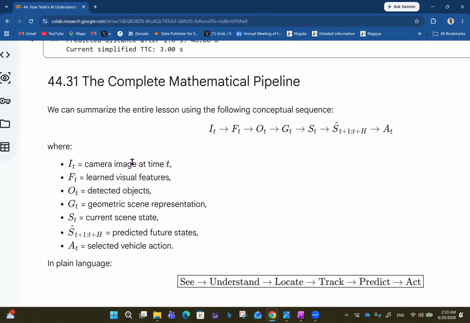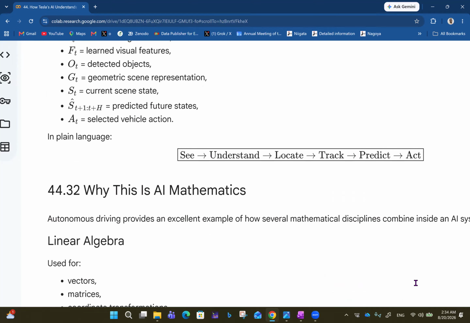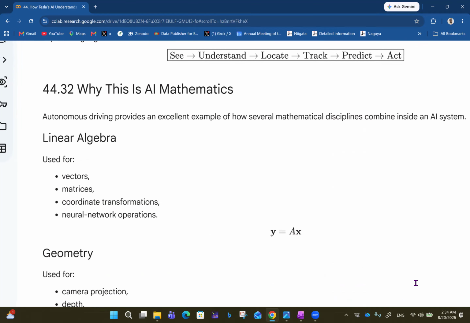At the end of the day, taking all this into consideration, you take an action: do you slow down, speed up, stop altogether, or start moving again? So in plain language, the autonomous vehicle sees, understands, locates, tracks, predicts, and then makes decisions and acts.